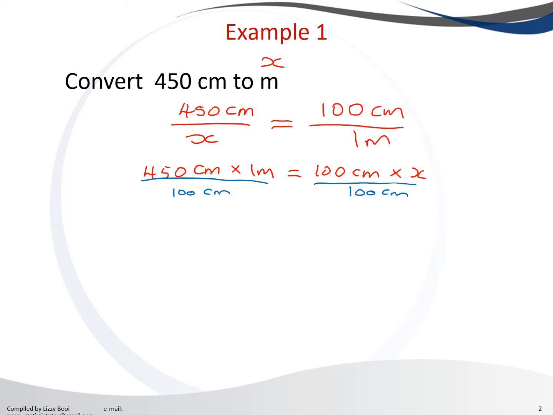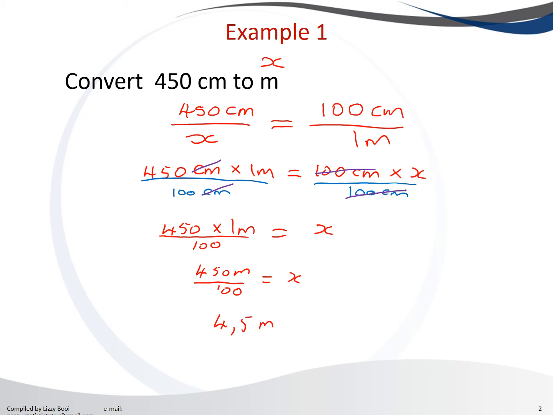By dividing by 100 centimeters on both sides, the centimeters cancel out, and then we are left with 400 times 1 meter equals x, and divided by 100 will end up with 400 meters divided by 100, which gives us 4 meters.